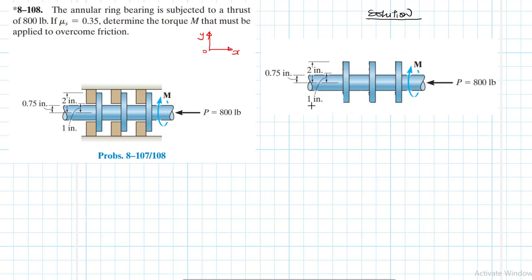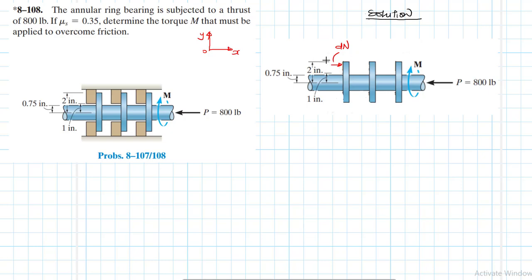So let's draw the free body diagram. I've removed this structure, I just want to concentrate on the bearing. So at this point here, I expect very, very small normal forces, dNs.